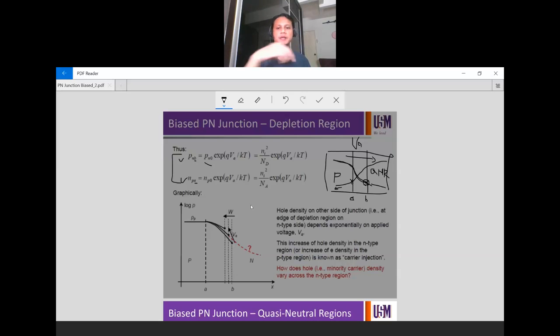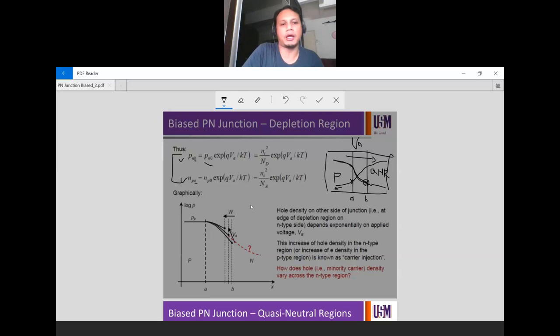So can you redefine PN naught before we move on? Anyone? What is PN naught? Three things, right? Remember three things. Density of hole at thermal equilibrium in n-type, right? So density of hole in n-type at thermal equilibrium.